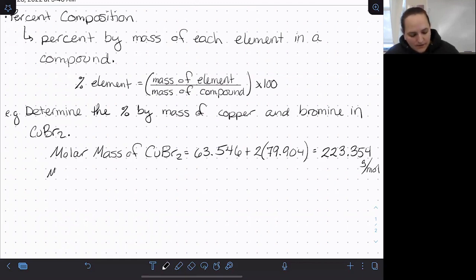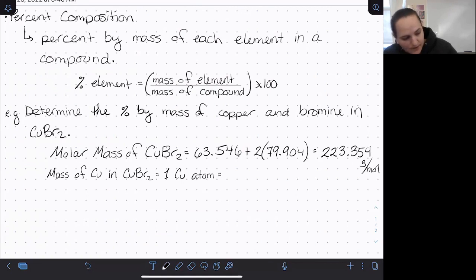So the mass of copper in copper-2 bromide, there's only one copper atom, so it's just going to be the molar mass straight off the periodic table. There's one copper atom, so that is going to be 63.546 grams per mole.